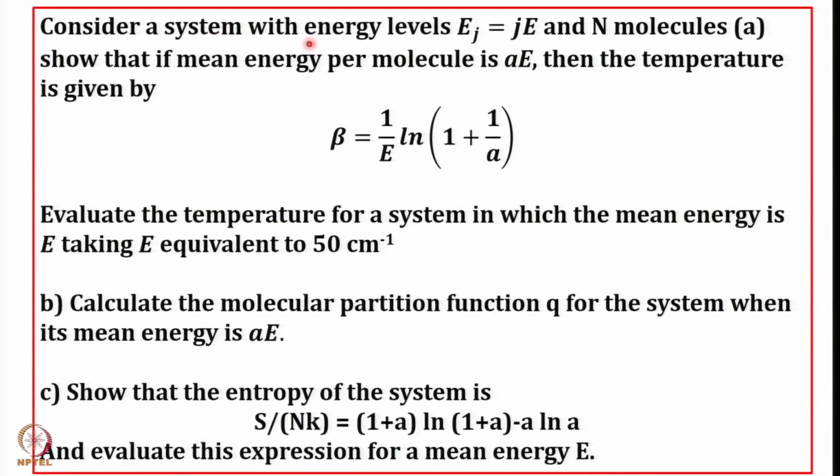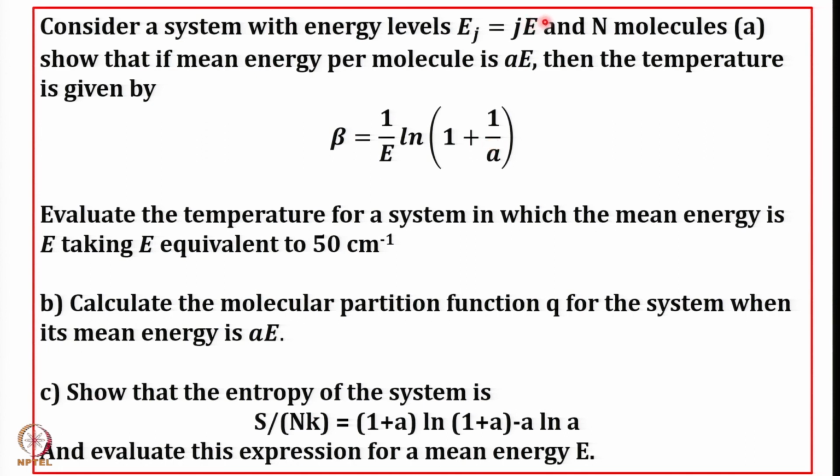Consider a system with internal energy levels Ej equal to J times E, N molecules. Show that if mean energy per molecule is A E, then the temperature is given by beta equal to 1 over E log of 1 plus 1 by A. This is something we have derived in the previous lecture.